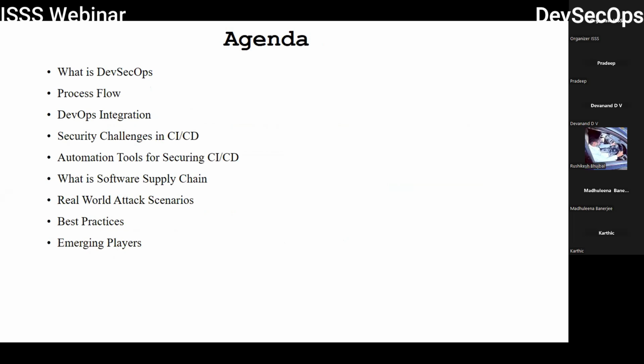That's the trending topic now. From a developer's perspective, how you use your software supply chain, how various vulnerabilities happen, and how your applications can get hacked, and the real attack scenarios, and what best practices you have, and what the emerging players in the market are who support a variety of tools.